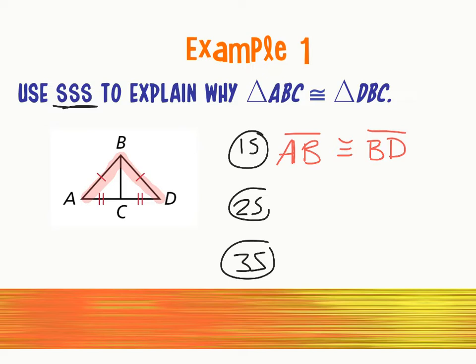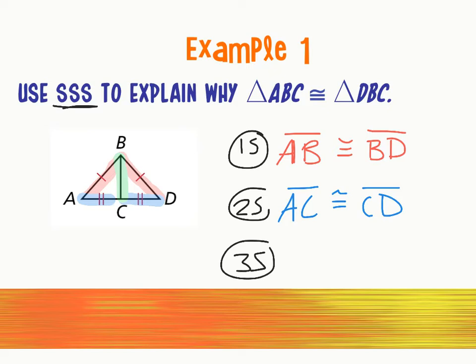And now we have 2 sides that have 2 tick marks, so we know that AC is going to be congruent to CD because both of those have 2 tick marks. So our second pair of sides that are given to us as congruent are AC and CD. And our third side of the triangle is going to be the side in the middle.